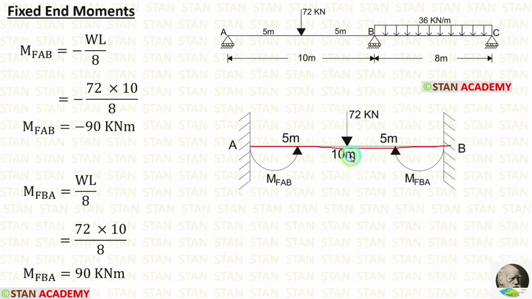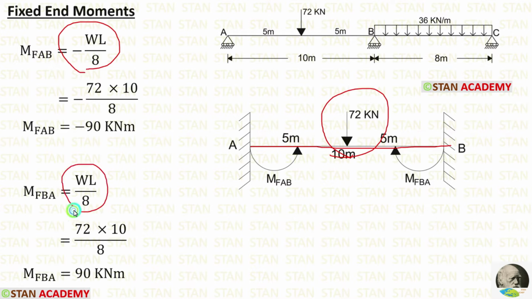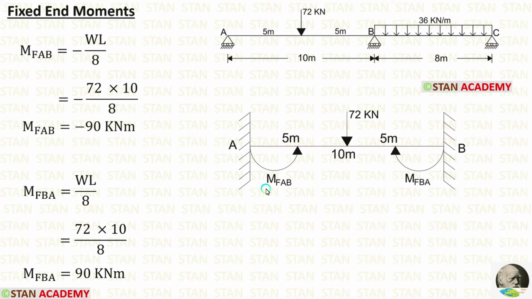In the span AB, we are having a point load acting on the center. We just saw the fixed end moment formulas minus WL upon 8 and positive WL upon 8. M of AB is negative because it is acting in the anticlockwise direction.